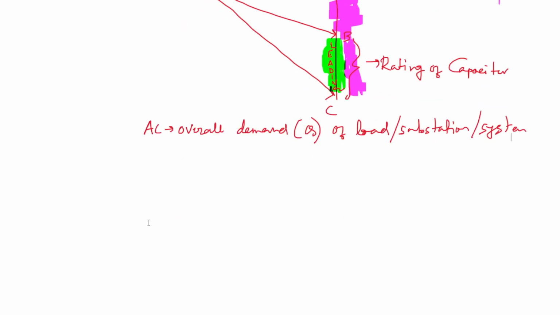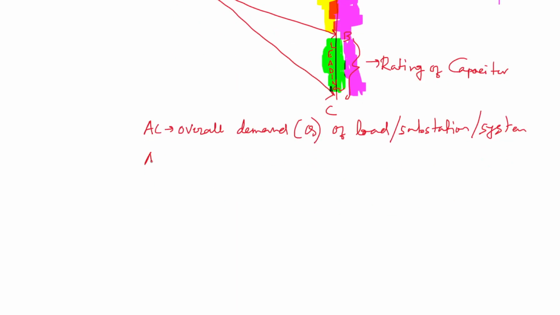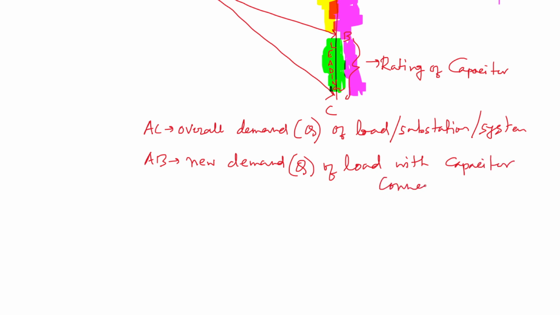So on inclusion of BC, the capacitor, the new demand becomes, you see this yellow, AB. So AB is the new demand, of course the reactive demand of the load with the capacitor connected.